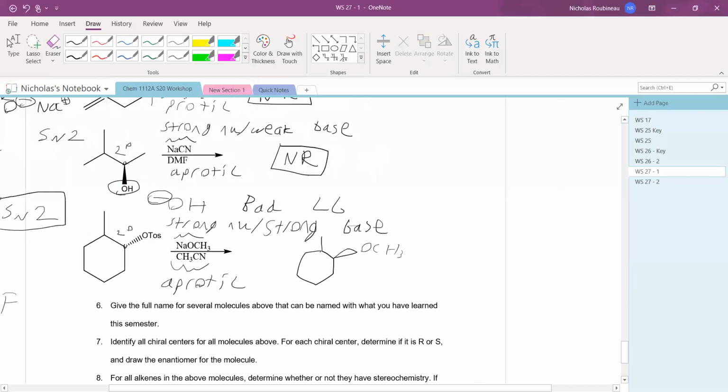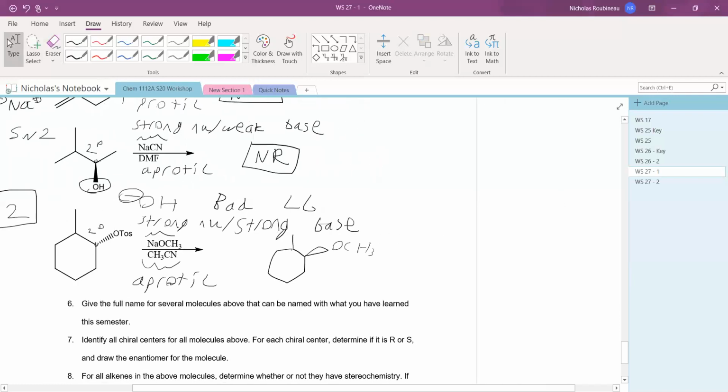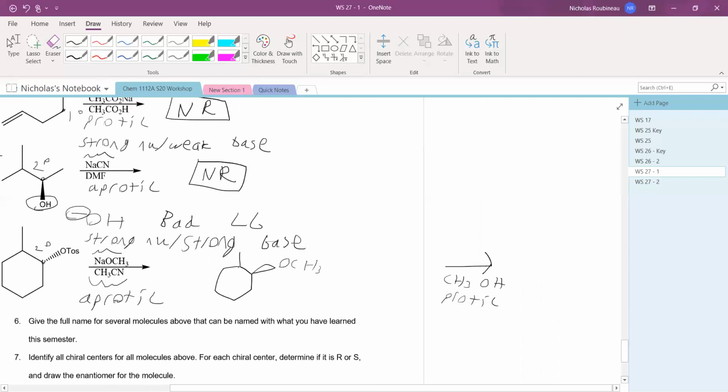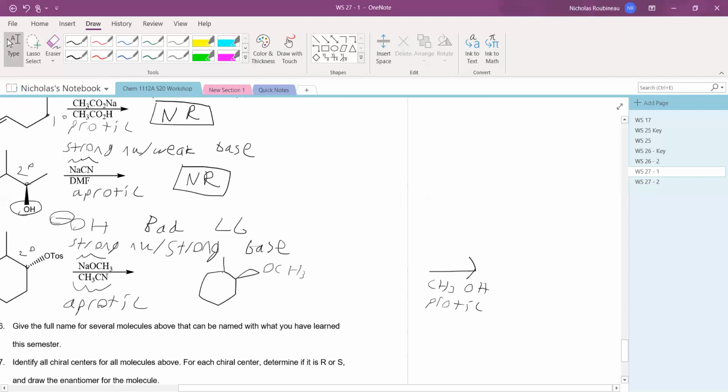I won't draw another arrow, but suppose we'd used methanol as our solvent, then this would have been protic. So that would have disfavored SN2, and it would have done E2. So that was just a point I was making a minute ago.